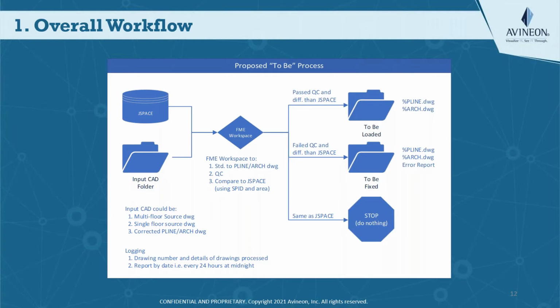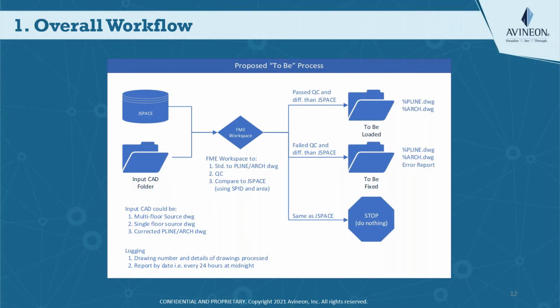So if it has been standardized, it passes QC, and it's judged to be different than the existing data within the TRIRIGA database, it's going to dump the output, the standardized drawings, into the to be loaded folder.